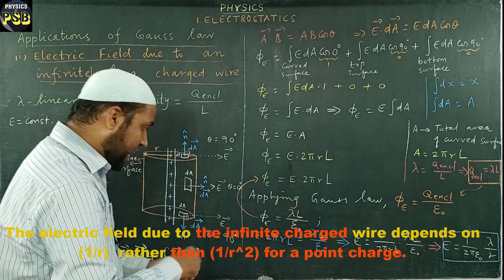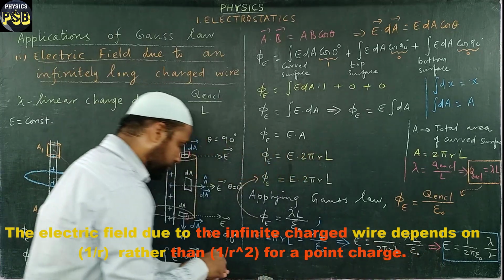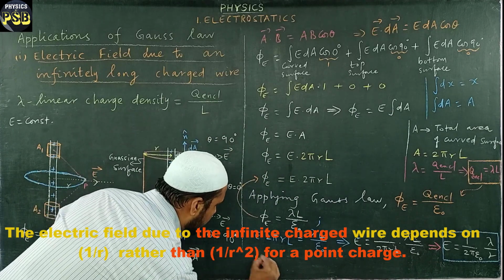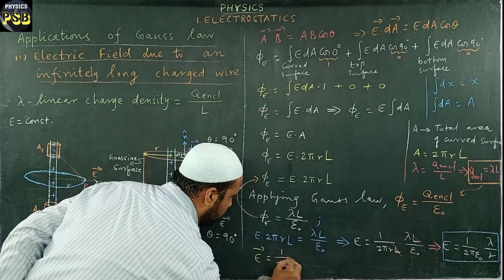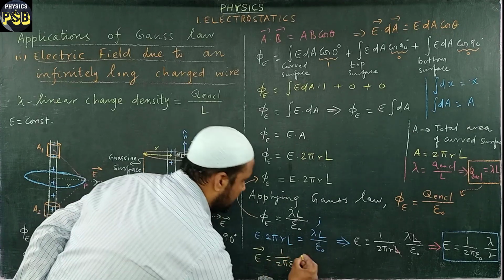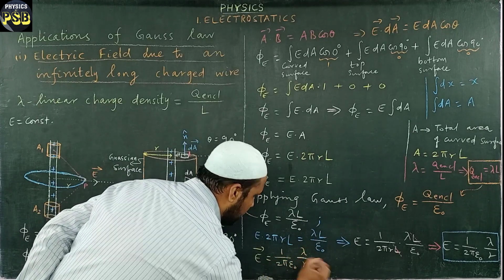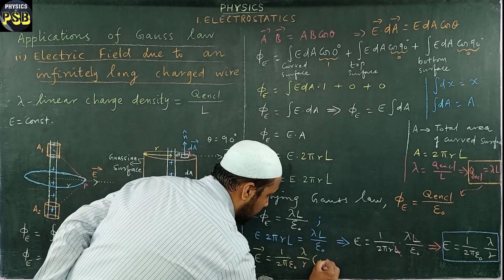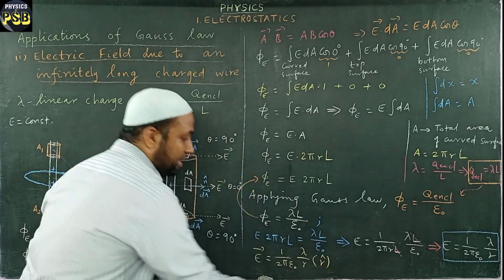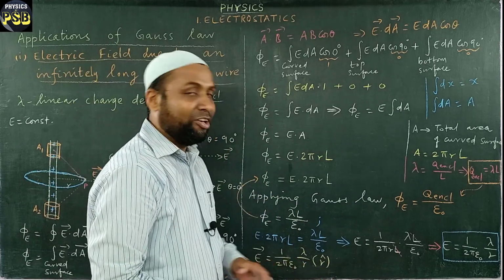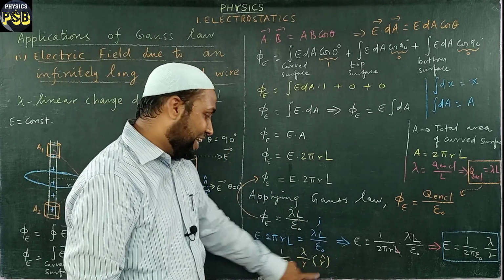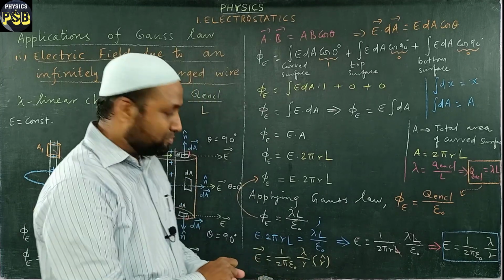In vector form, this can be written as E vector equals 1 upon 2 pi epsilon naught, lambda upon r, into r cap. Here r cap is the unit vector which provides the direction to this part.